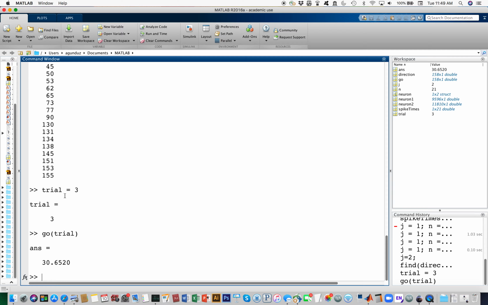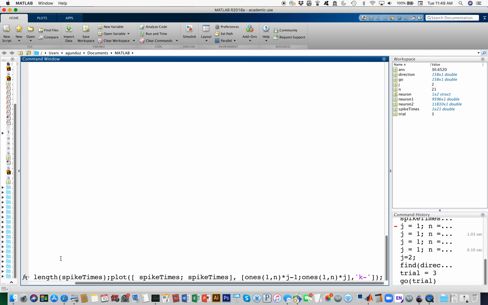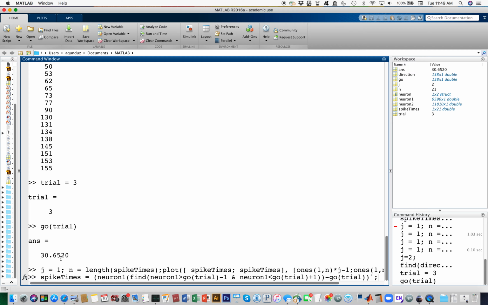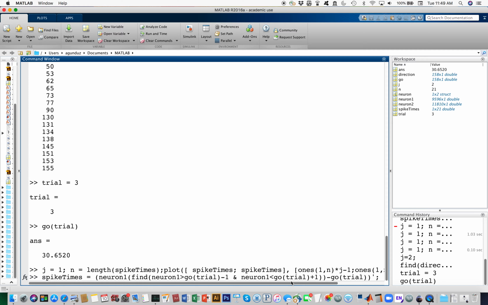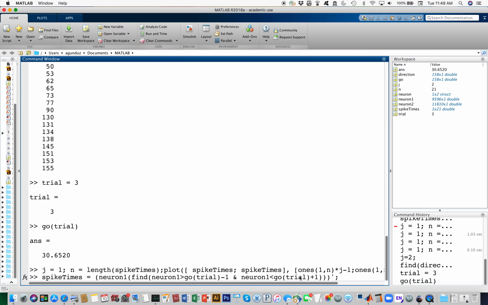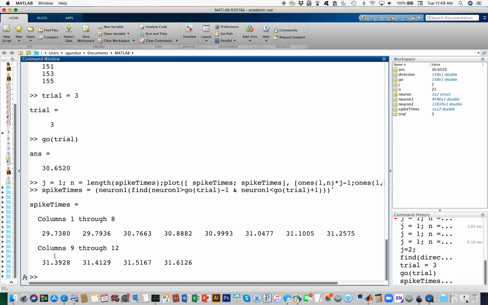Okay, so let's go back to spike times. Spike times is neuron 1, find neuron 1, and so forth. Let me just remove this for a second and make sure that I am in fact getting values that are between 29.6 and 31.6. It's always good to check.